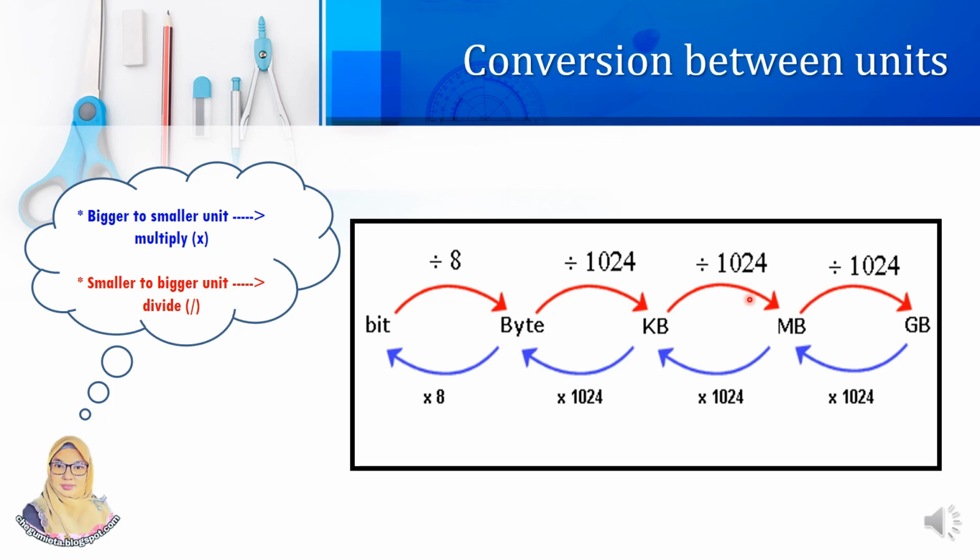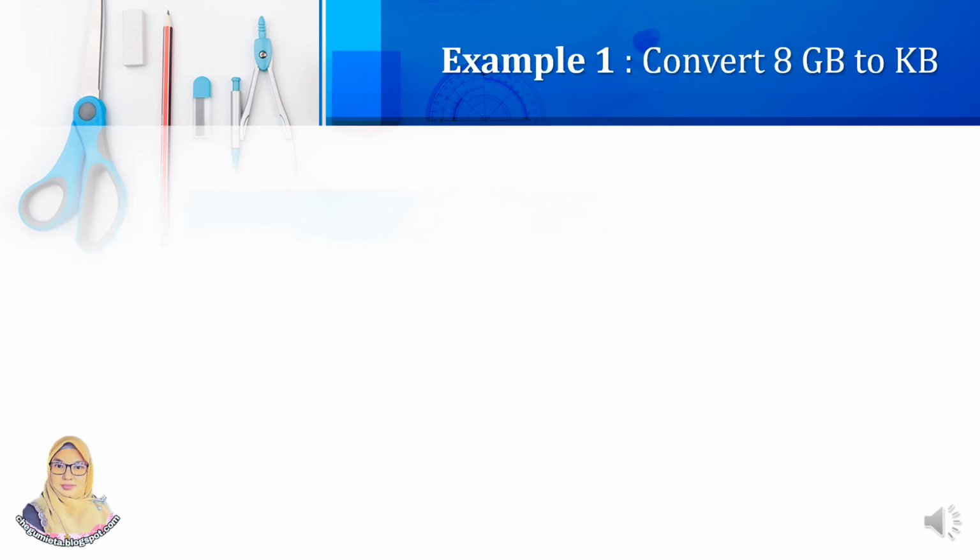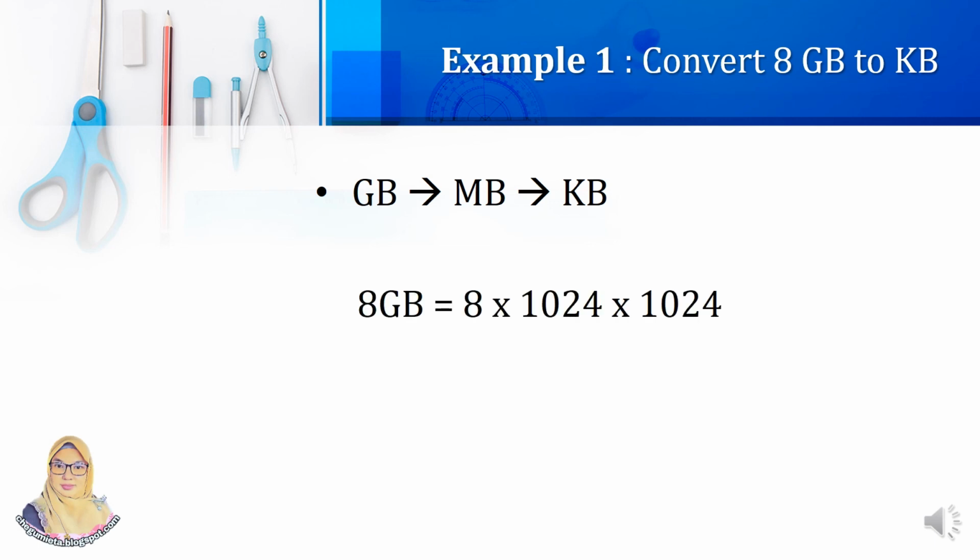So let's look at some examples. Example 1: convert 8 GB to kilobyte. To move from gigabyte to kilobyte, you need to multiply 2 times. The value given to you is 8 GB, so you multiply 8 by 1024 2 times.